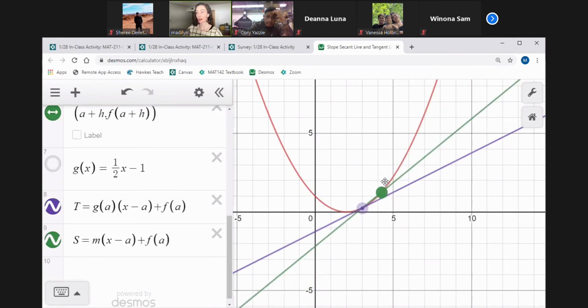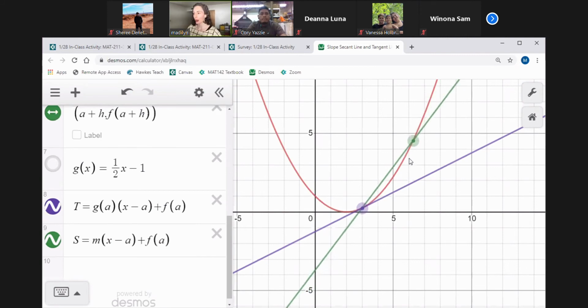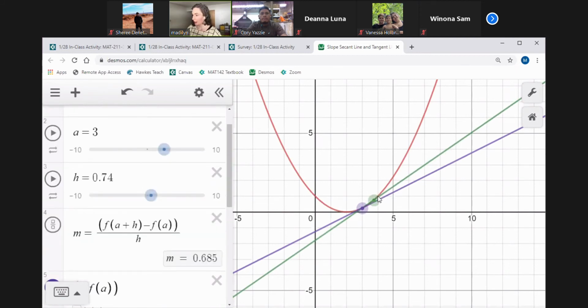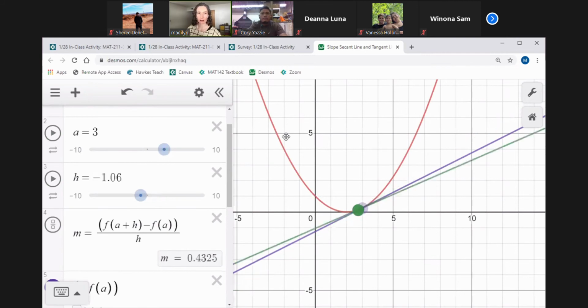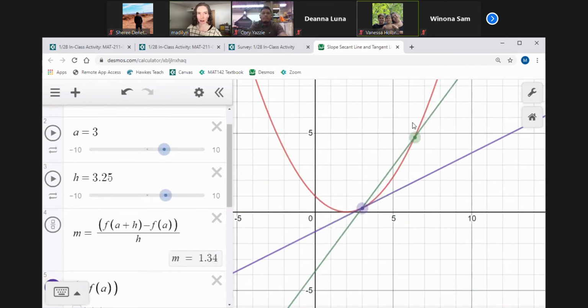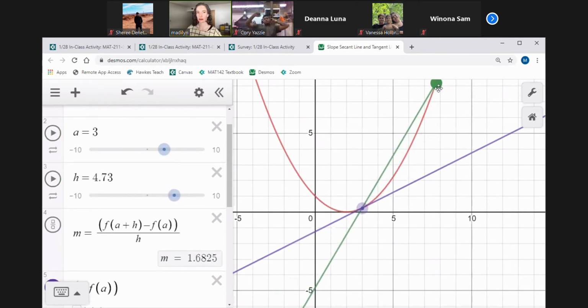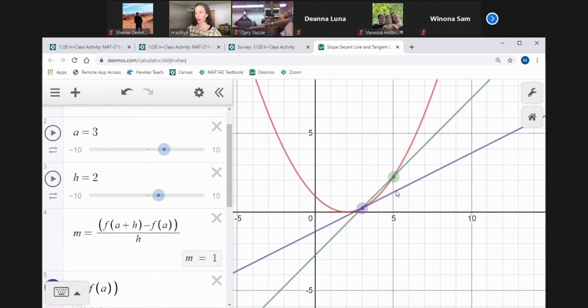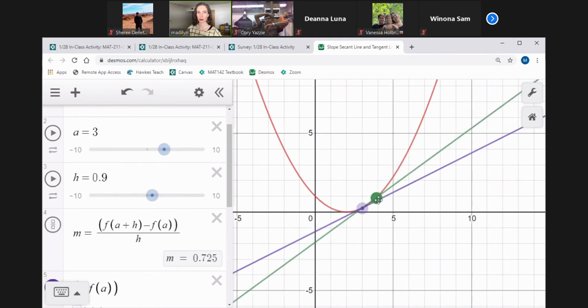Yeah, exactly. If our green point is super far away, their slopes are not very close. But if we drag our green point closer to the purple point and h gets smaller, that is key, then their slopes are getting closer and closer together. That's what I wanted you to see, even if it wasn't easy to word. If the point is far away, the slopes are super different. If the point is close, their slopes are much more similar.